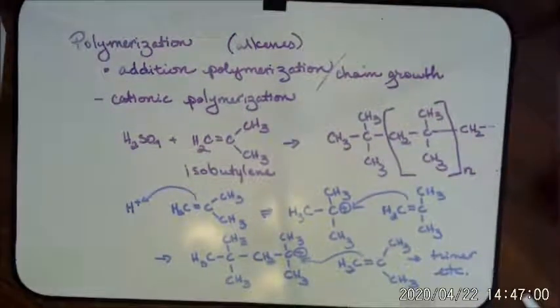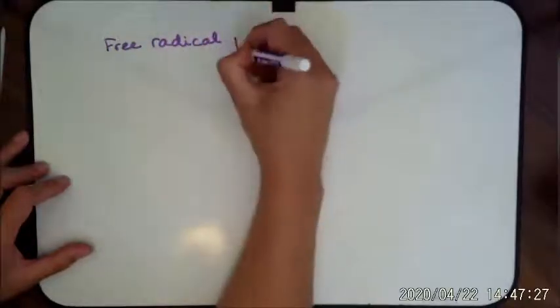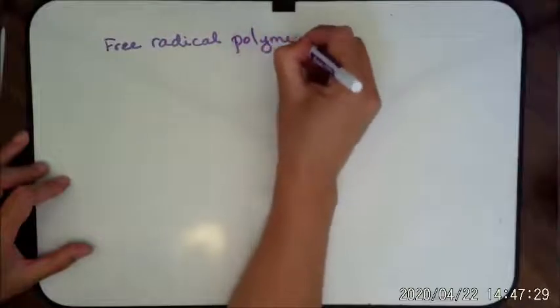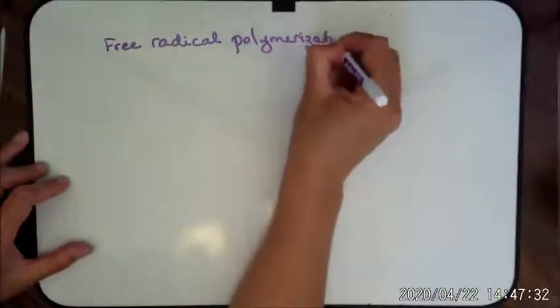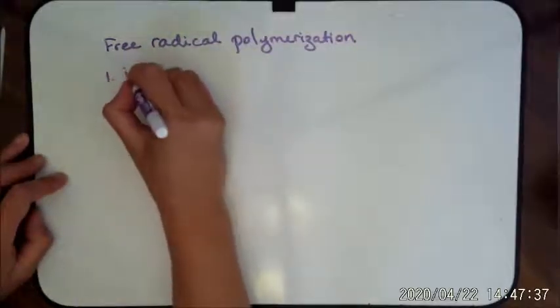And the next one for polymerization is going to be free radical polymerization. Again, it is a chain growth. It is an addition polymerization, but instead of using a cation, we're going to go through a free radical mechanism. So, what you need to do free radical polymerization is, one, you need an initiator.